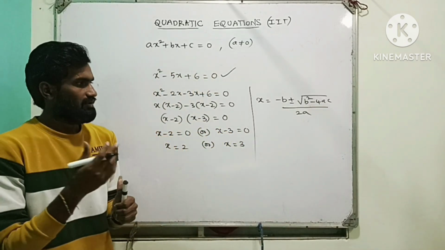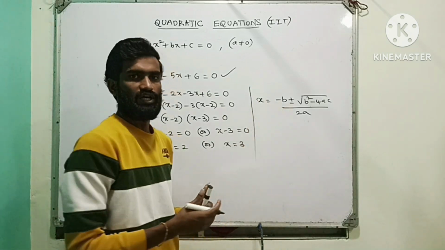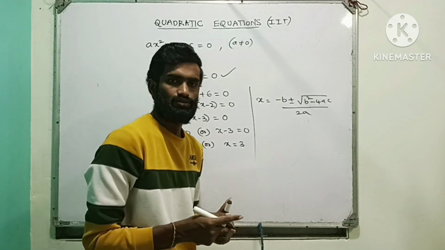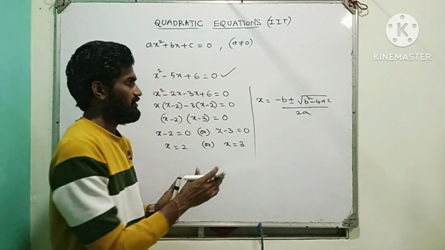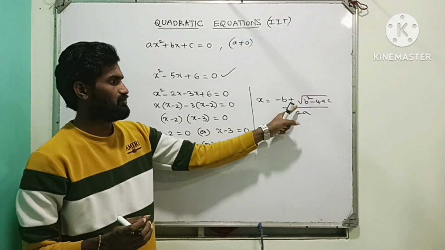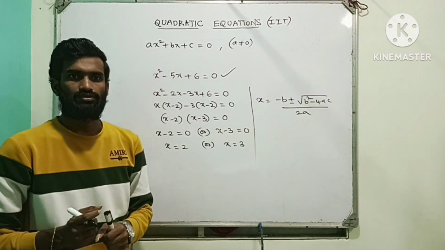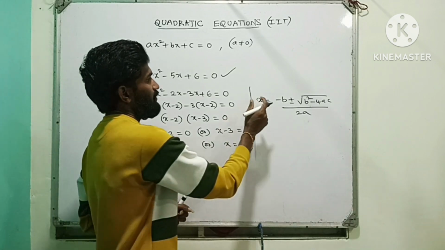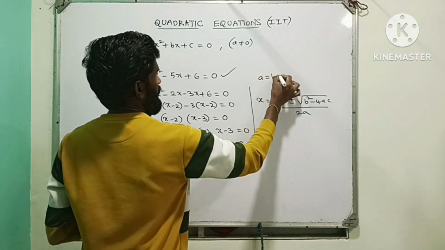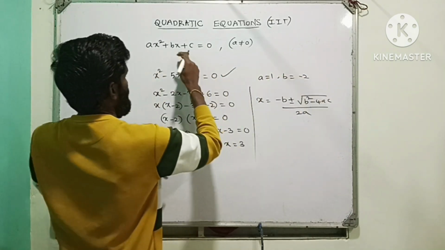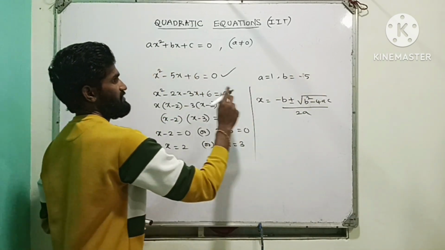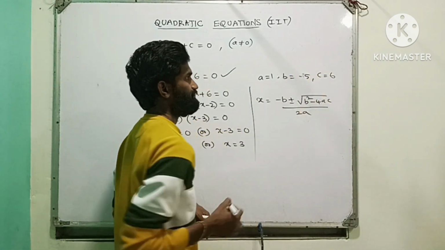Already we studied how we got this formula, so we are not going to derive it now. If I substitute here, a equals 1, b equals minus 5, comparing both, and c equals 6.